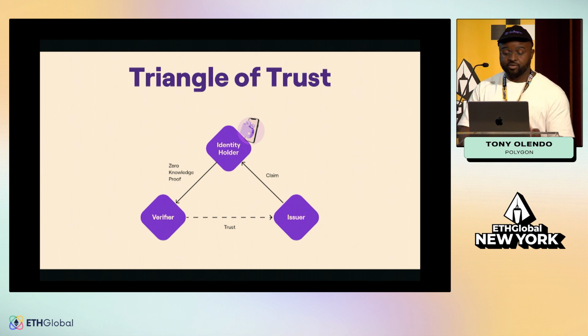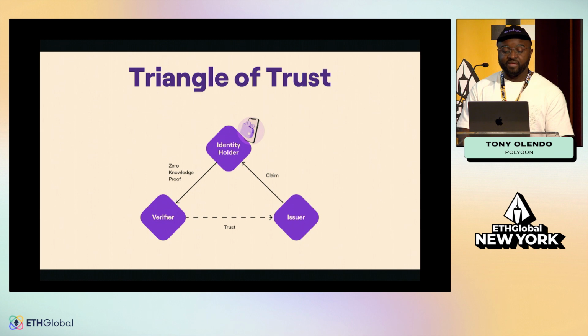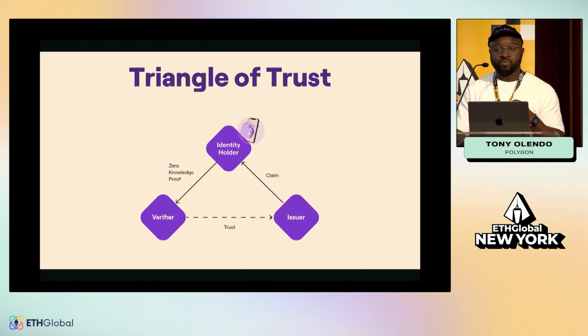And then you have an identity holder, who is me and you. So you and I have an identity, and the identity holder holds particular claims or verifiable credentials inside of a wallet. And using that wallet, I can now present the verifiable credentials using zero knowledge to a verifier.